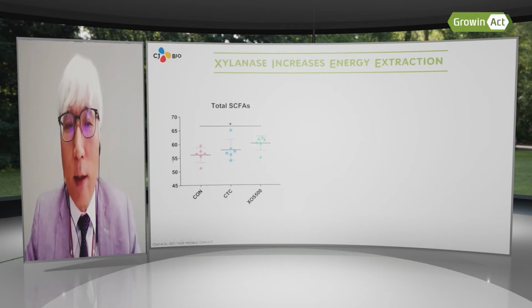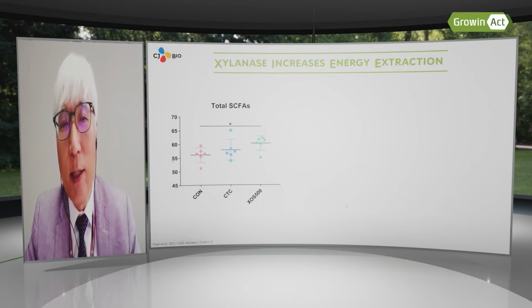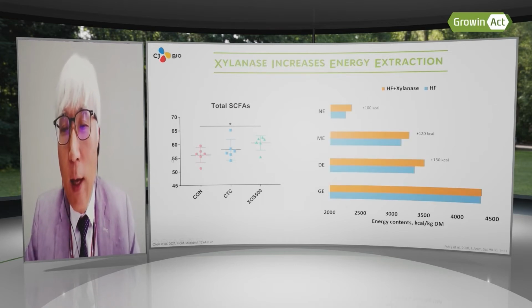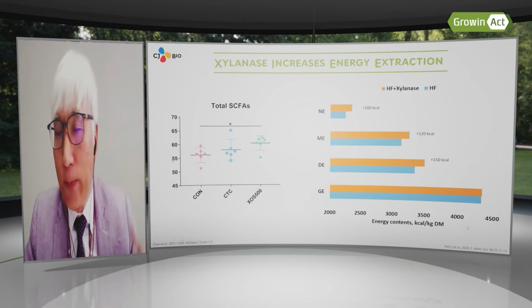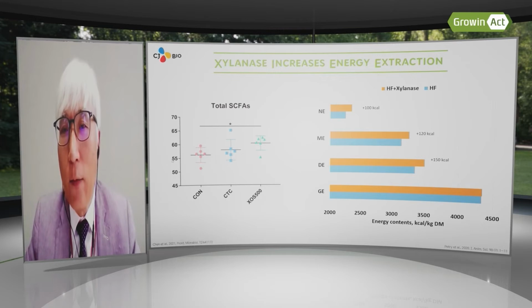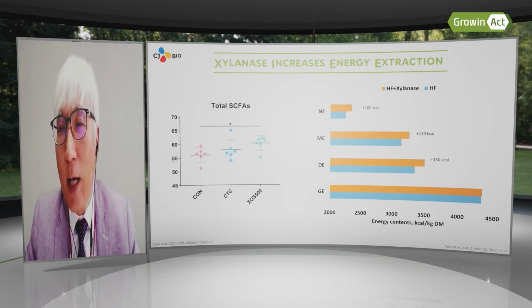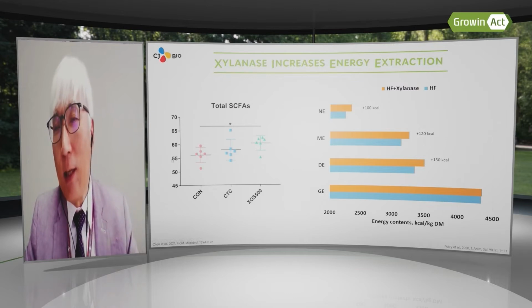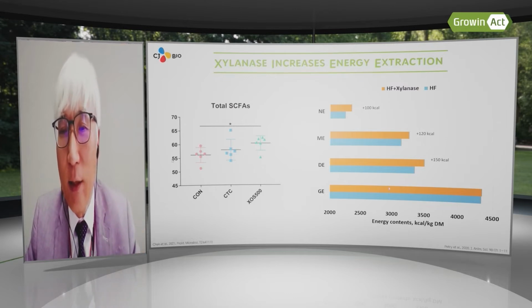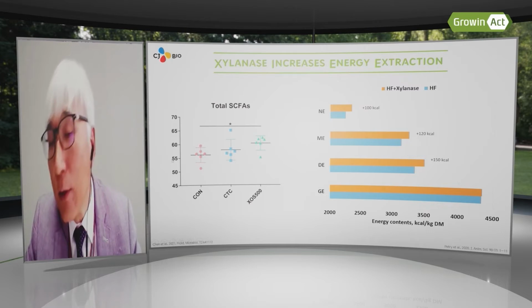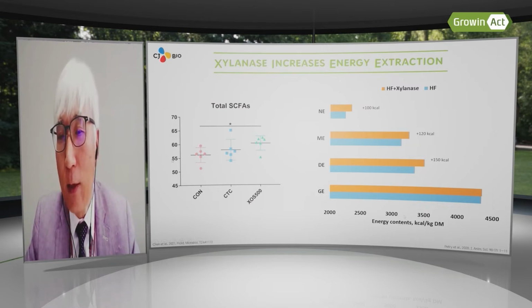It is very well studied that xylooligosaccharide production increases short chain fatty acid production. In this study, they fed a high fiber diet plus xylanase, and looked at how much energy actually increased in terms of digestible energy, metabolizable energy and net energy content in grower finisher pigs.